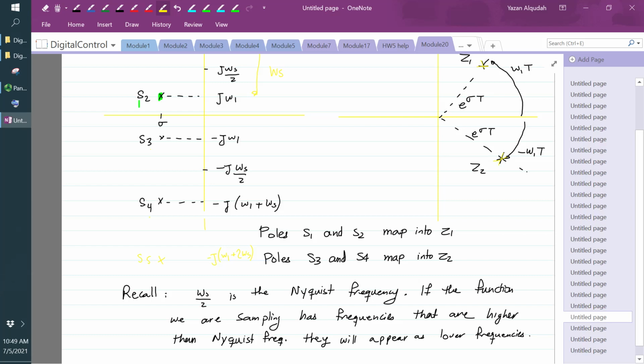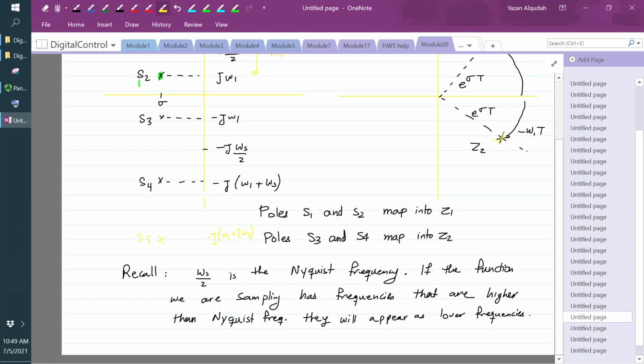Remember when we did the sampling and we did the ruler to get the frequencies, we have omega s over 2, omega s, and so on and so forth. So if I have any frequency that is greater than omega s over 2, when I collapse this ruler, this frequency is going to show up back again here at a frequency that is less than omega s over 2.